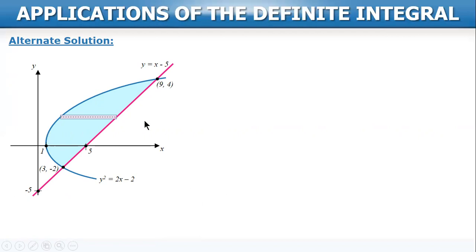Okay. So again, you have dy and then x of line and then x of parabola. So our area for this rectangle is base x sub L minus x sub P times dy.